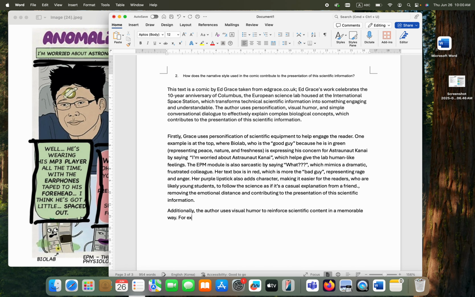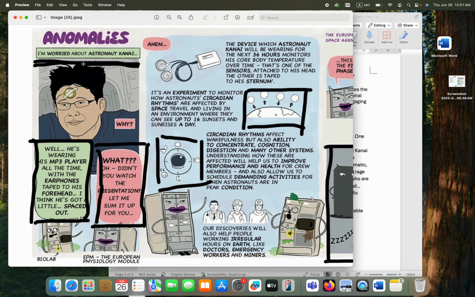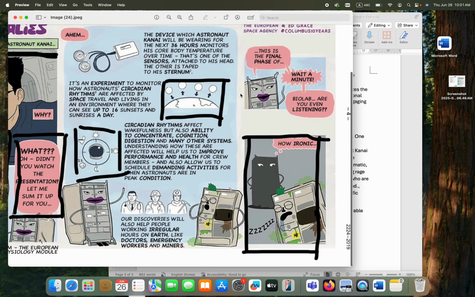For example, in the final panel, Biolab, well, if you see here, Biolab is fast asleep, right?